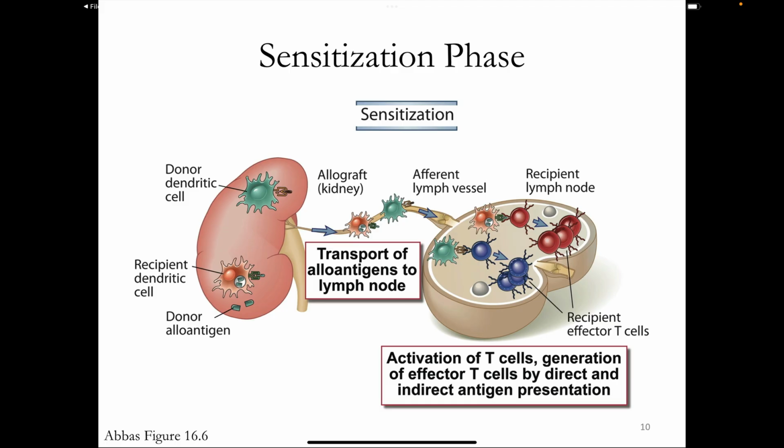First, we need to have some antigen from the kidney. Yes, I am being purposely vague right now about the antigen, and we will get more into it going forward. There is some antigen from the kidney that is going to make its way to a lymph node. Once in that lymph node, T cells that respond to that antigen are going to get activated. They're going to become effector T cells, so we see this T cell activation in the lymph node during the sensitization phase.